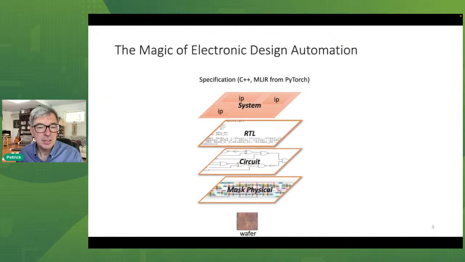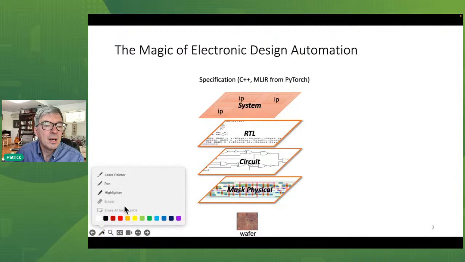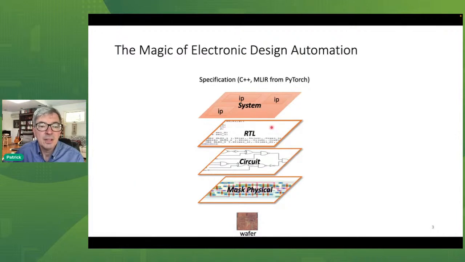So in a little bit more detail, this flow that I just showed as one arrow here is actually a fairly complex transition where you go from a specification onto a system level description, and then from the system level description into an RTL description that gets automatically translated into a circuit description, and that gets translated into a mask physical layout, which we can then produce on the wafer.